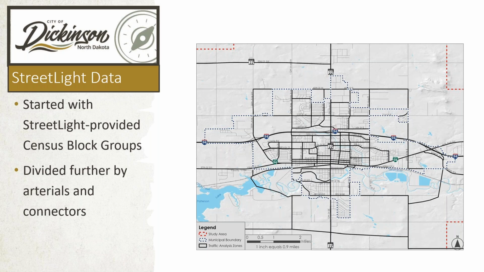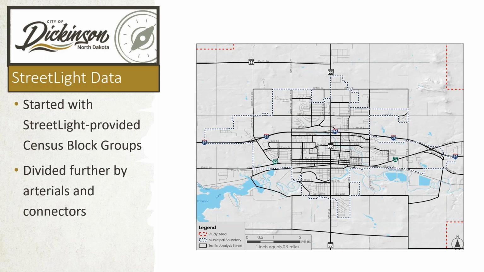But in terms of the streetlight data, we did start with the census block groups that Streetlight does provide in their common analysis tools. And like Joe mentioned, we did divide further, reducing the roads just to analyze the arterials and connectors.